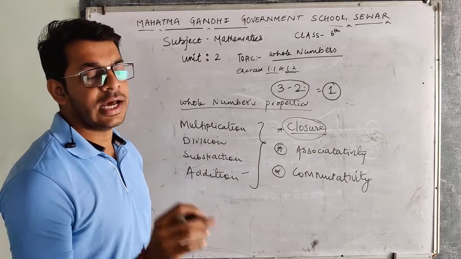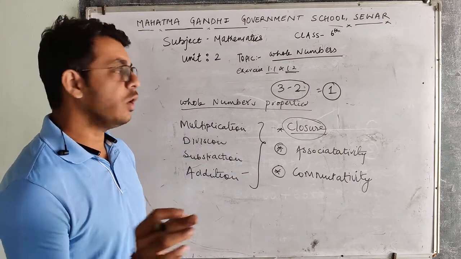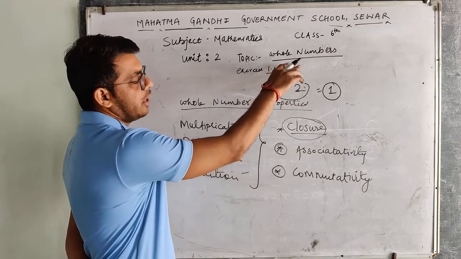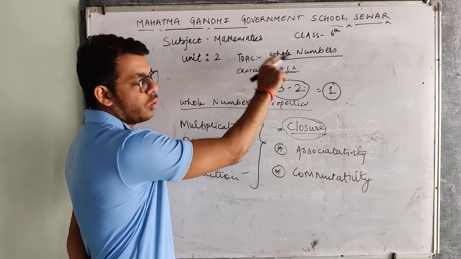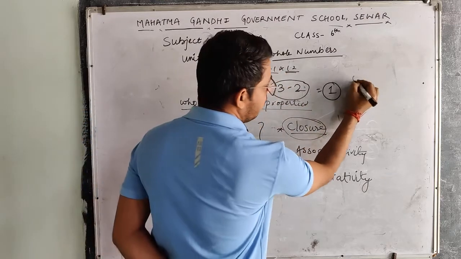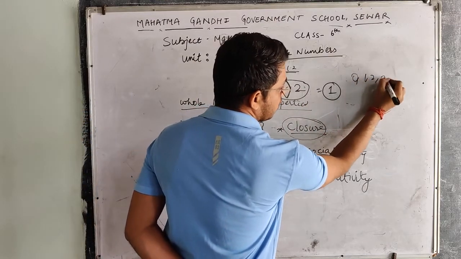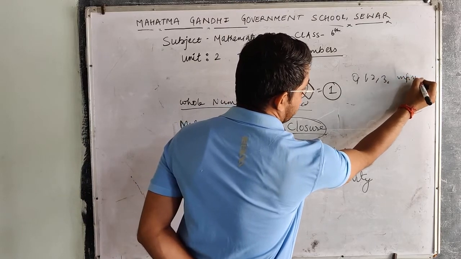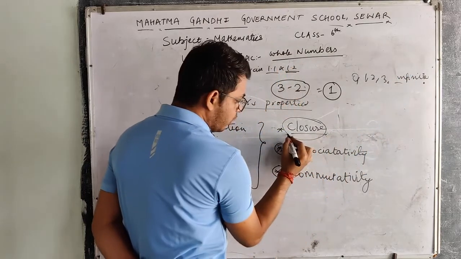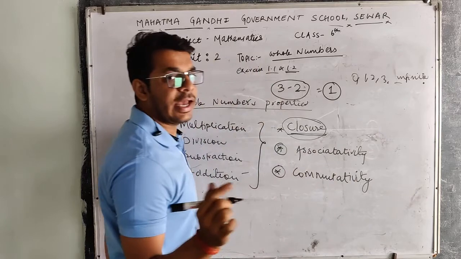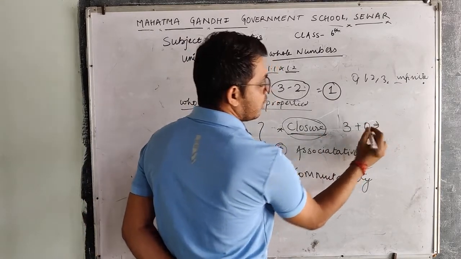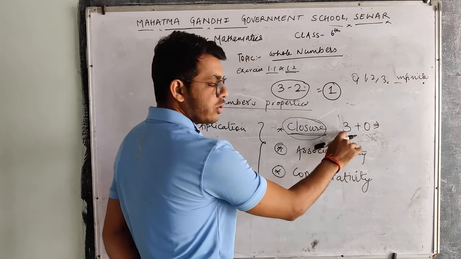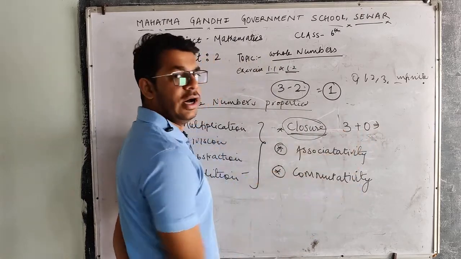Closure means if we are adding two numbers of the same type, whole numbers. Whole numbers start from 0, 1, 2, 3 to infinite. According to the closure property, if I add 3 plus 0, both are whole numbers.